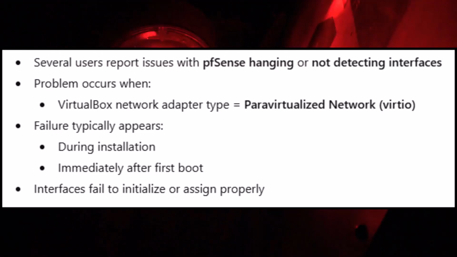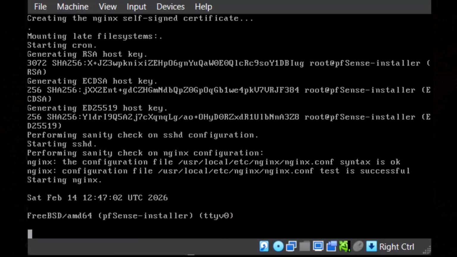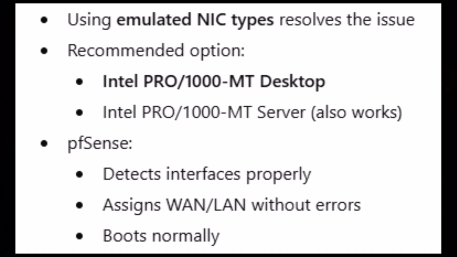If it does, it will typically show up during installation or immediately after reboot. What we've discovered is if you use the Intel PRO/1000 MT or similar legacy emulated adapter types, then they will work. pfSense will detect and assign those without issue.